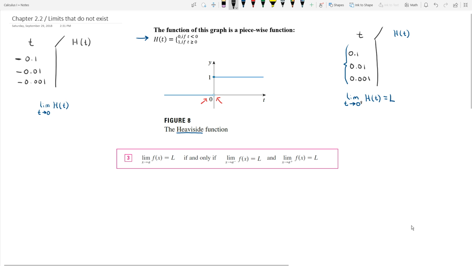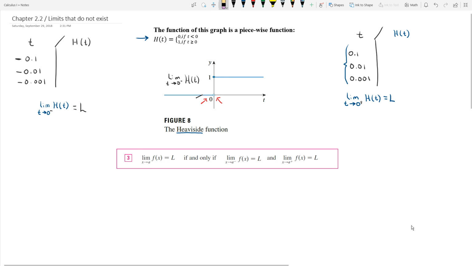This is how I typically state it, and I think this is how the book states it as well. We put a negative sign at the top right of the 0 to let us know that we are approaching 0 from the left. And again, as it's approaching 0, that is going to give us a limit.